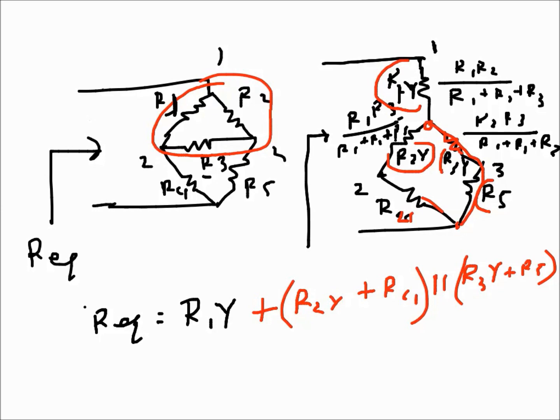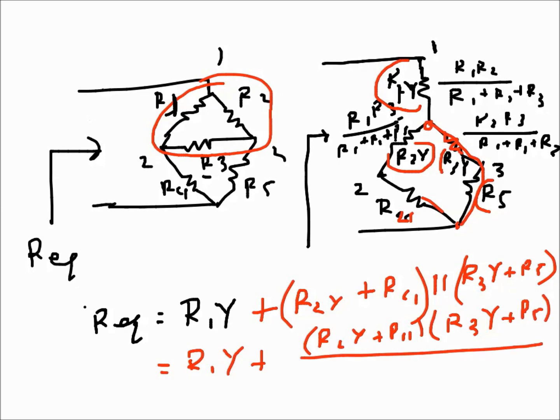If we solve this, the final result will be something like this. Sorry, this will be a plus here. So basically it's R2Y plus R11. Of course in a real system we will have values, so we will calculate the values in every step and it will be simplified, but that's how we do it.